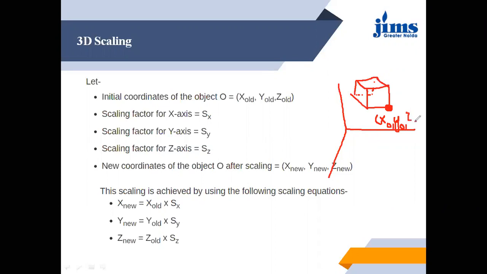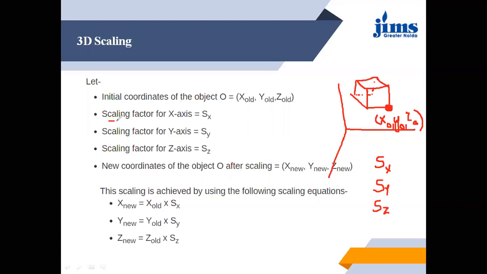Now we have to perform scaling in the x, y and z directions. Suppose the scaling on the x-axis is represented by Sx, on the y-axis by Sy, and on the z-axis by Sz.